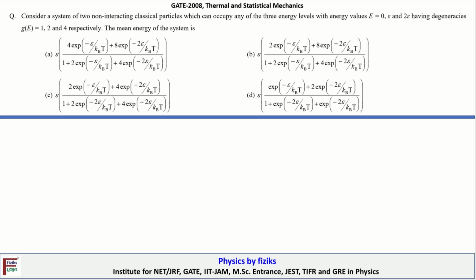The statement is, consider a system of two non-interacting classical particles.